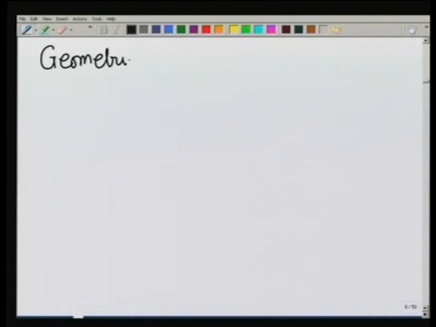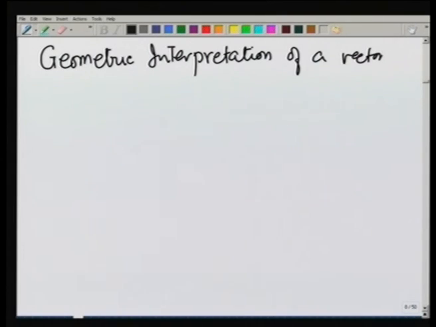Let us now look at the geometric interpretation of a vector product.